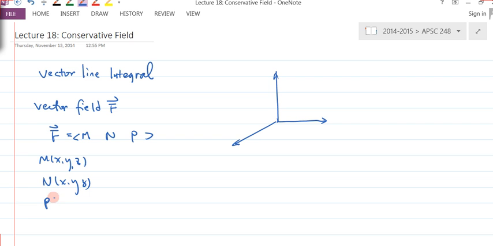So if you plug in a certain point x, y, z in the 3D space, you will be able to sketch a certain kind of vector field. That's a vector field.